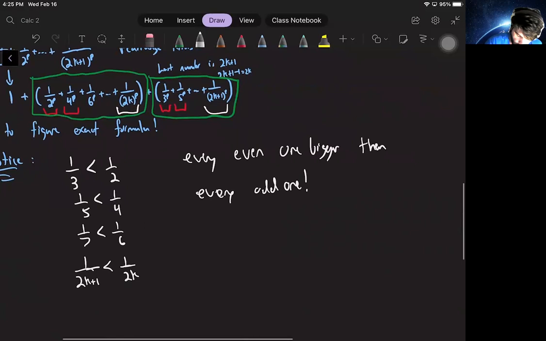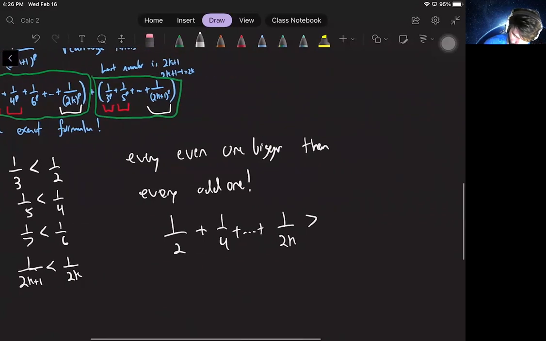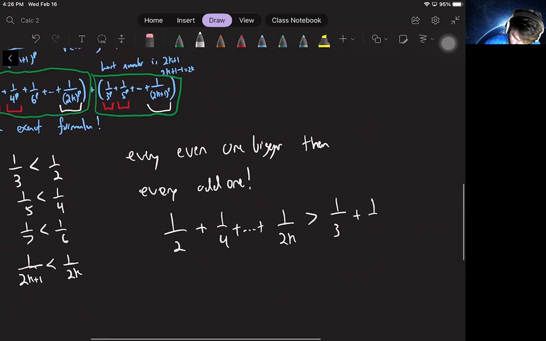So that means if I add them up, of course, I haven't done anything with the p power yet, but that will not be so bad to put in. But if I add them all up, then the even ones will be bigger, because every single even one is bigger than every single odd one. So that's true.